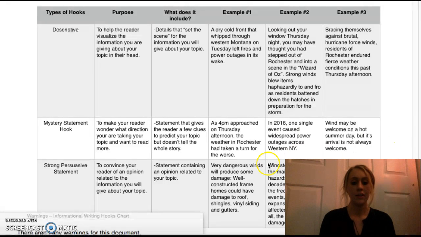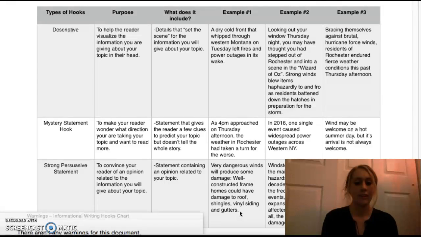For example, very dangerous winds will produce some damage. Well-constructed frame homes could have damage to roof, shingles, vinyl, siding, and gutters. So although some of that could be things that did happen to some people, it also can be an opinion or a prediction based on what I know already.